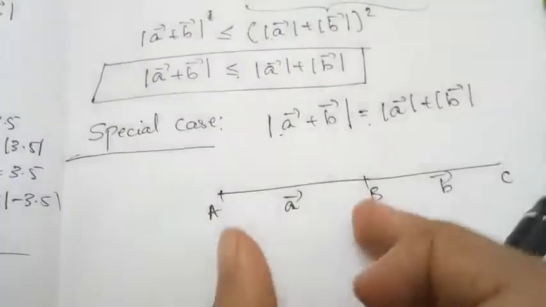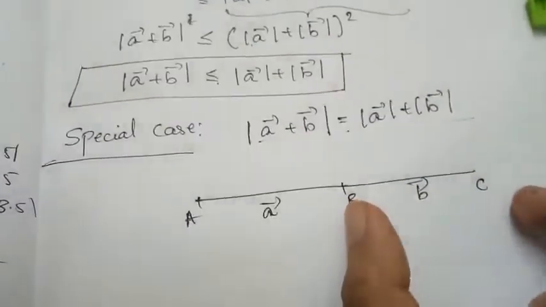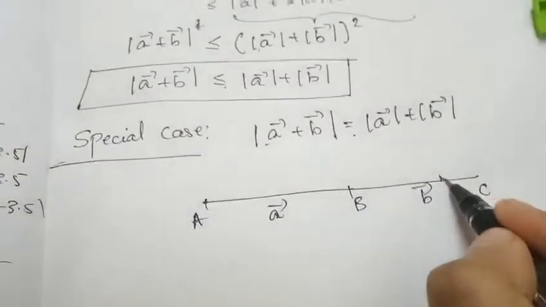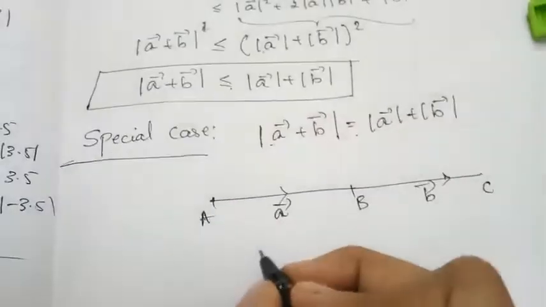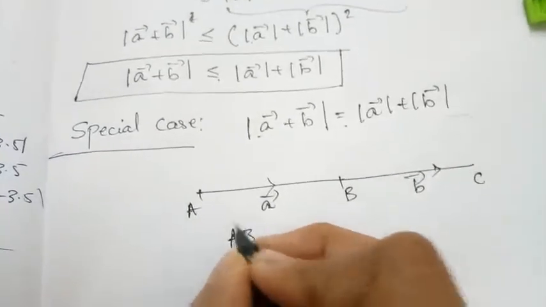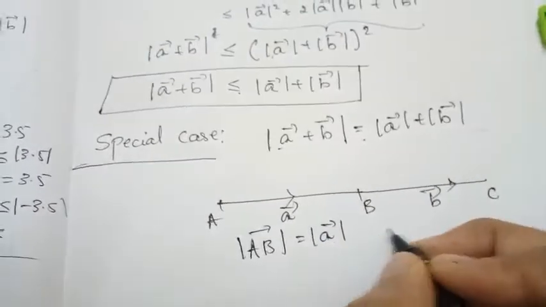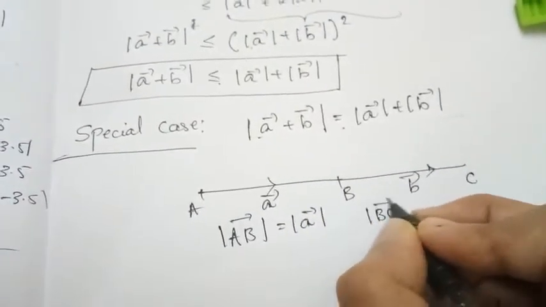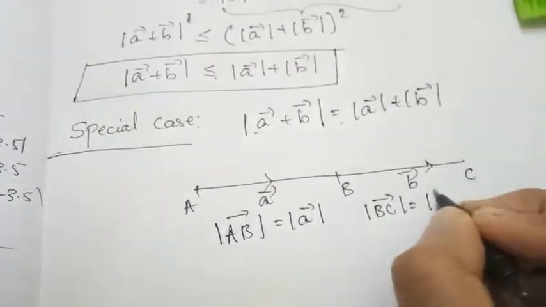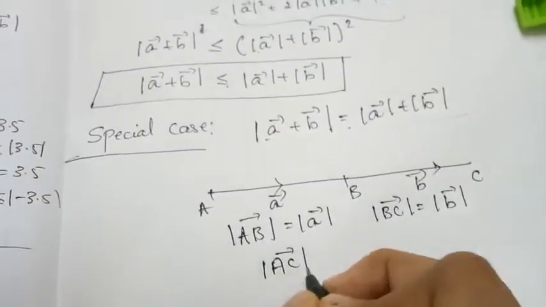So you can see here clearly our vector AB is vector A, and from B to C it is vector B. So clearly magnitude of vector AB is nothing but magnitude of vector A, and magnitude of vector BC is nothing but magnitude of vector B. So what will be our magnitude of vector AC?